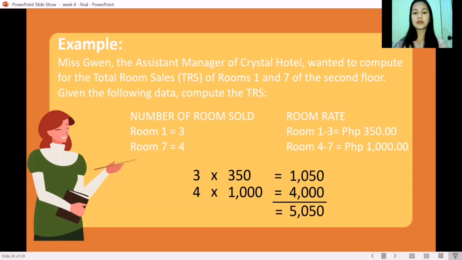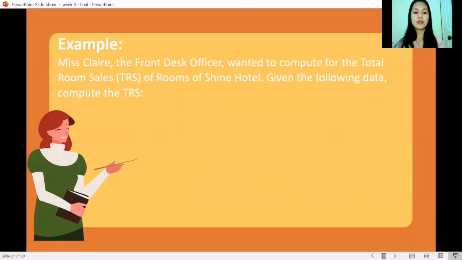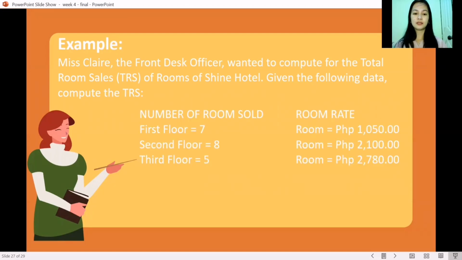Let us have another example. Miss Claire, the front desk officer, wanted to compute for the total room sales of rooms of Shine Hotel. Given the following data, let us compute the TRS of the Shine Hotel.